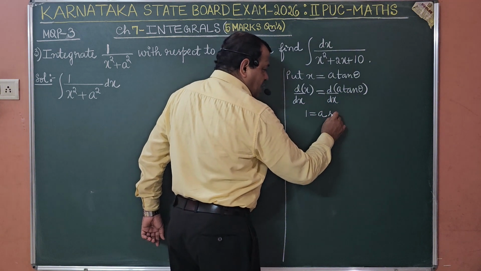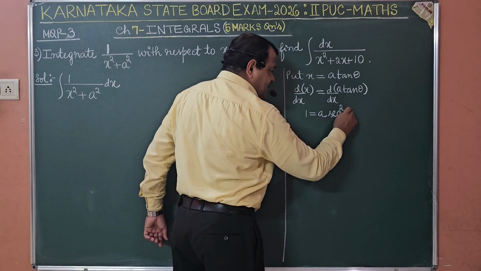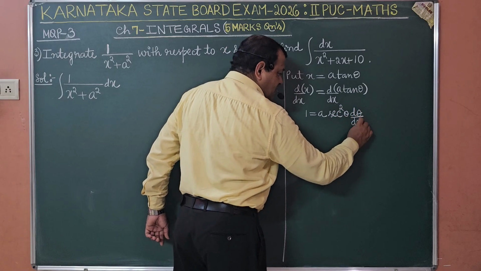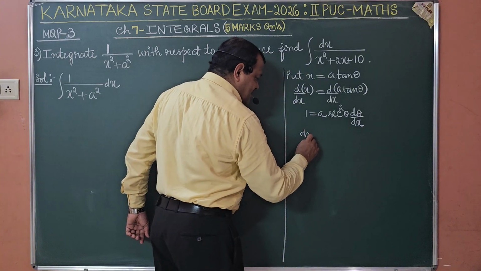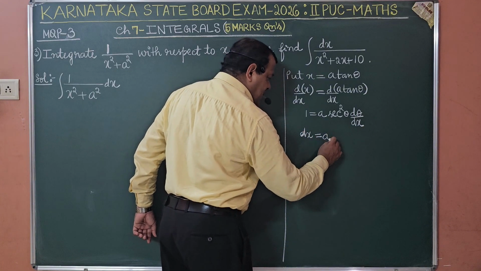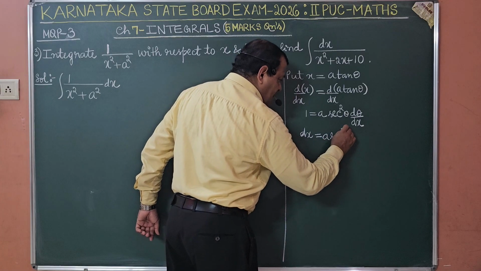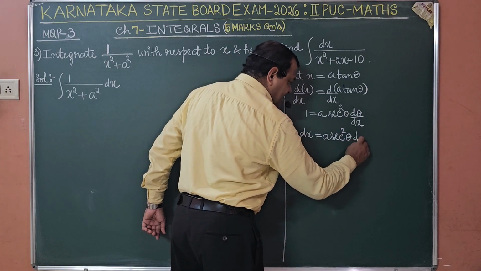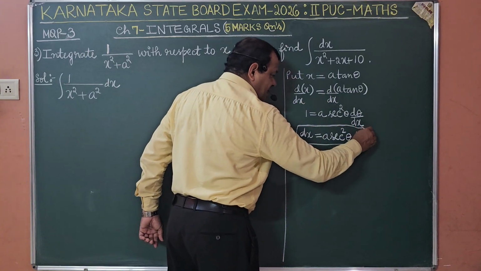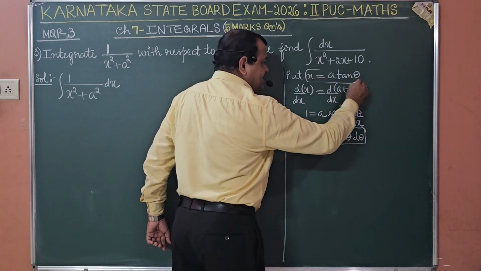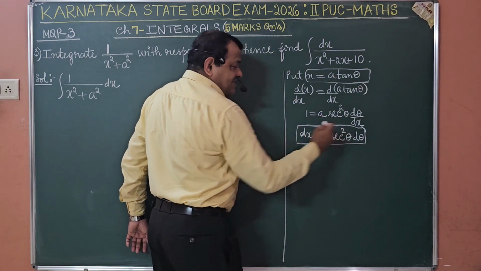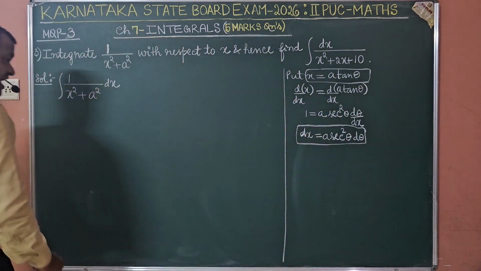D by dx of tan theta is secant square theta into d theta by dx. I will cross multiply dx. Therefore, dx is equal to a secant square theta d theta. These are the two changes. One change is x is a tan theta. Another change is dx is a secant square theta d theta.